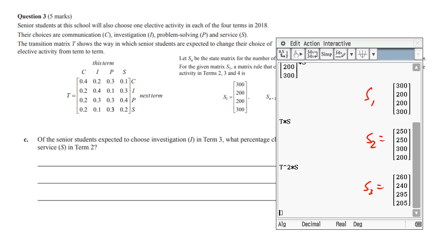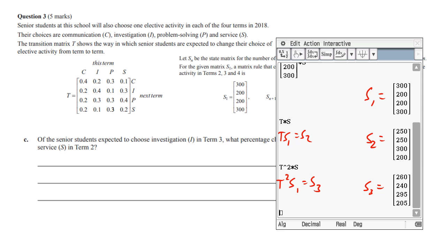So that was S1 equals this, and remember T S1 equals S2, and T squared S1 equals S3. You could have done T S2 equals S3 as well. That's another possibility, but I just did the shortcut method to get S3.